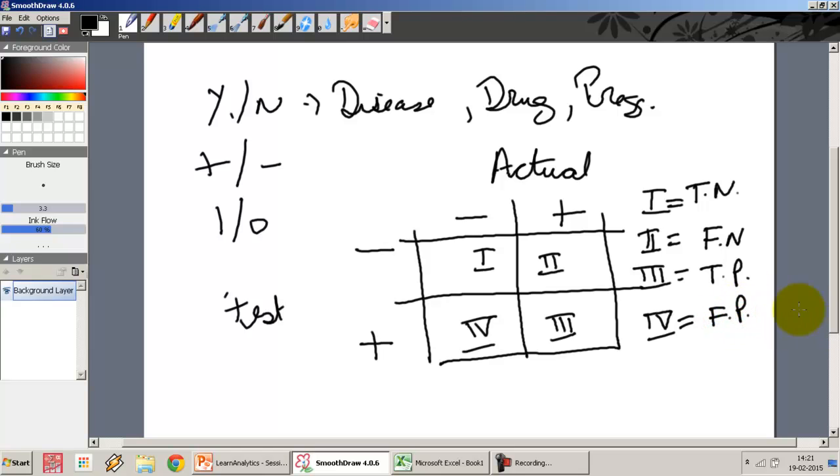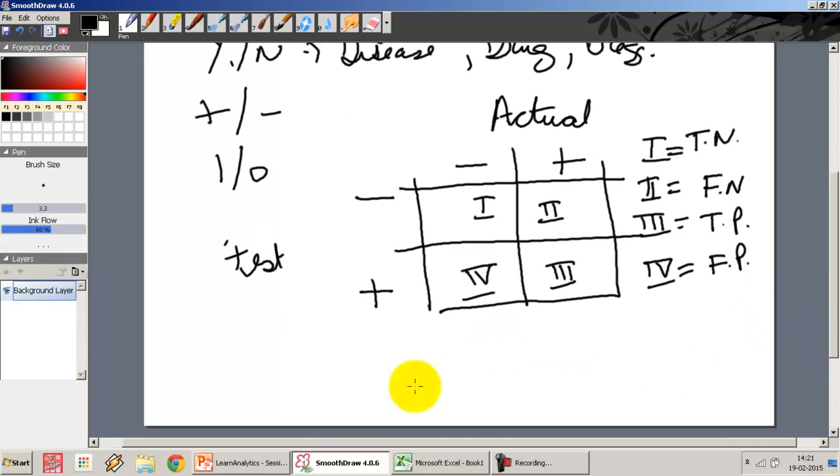So these are the four results that can happen when we do a binary test for any particular condition. We can have true negative and true positive, which are quadrants 1 and 3 in this case, a false negative, which is quadrant 2, and a false positive, which is quadrant 4. So what is the accuracy of the test? How do we define accuracy? The accuracy is simply the correct conditions divided by the total conditions. What is the probability of being in the correct condition?